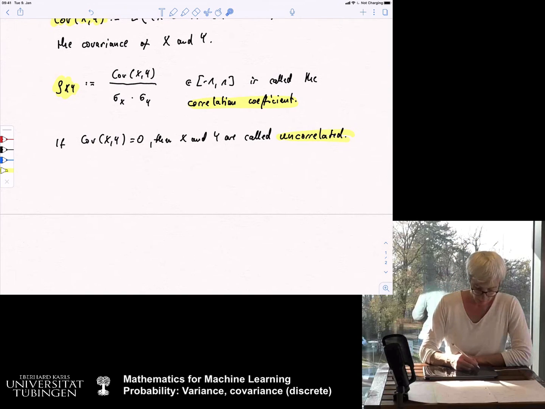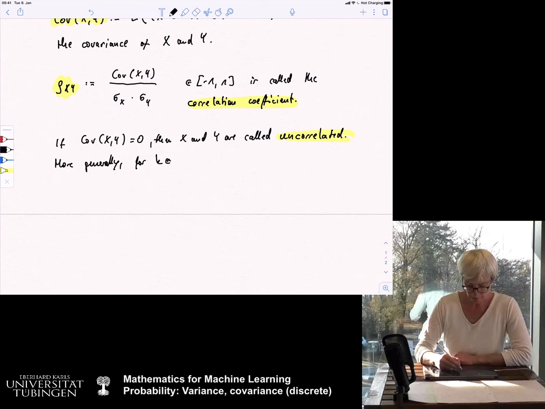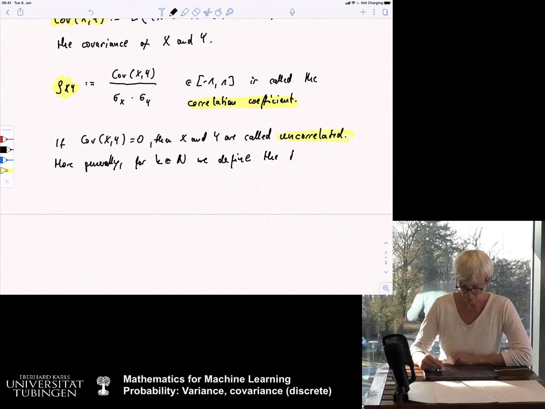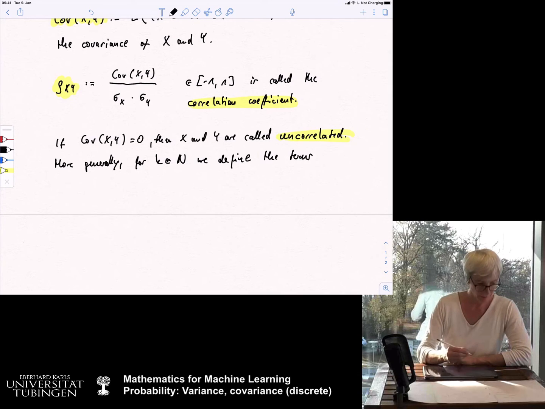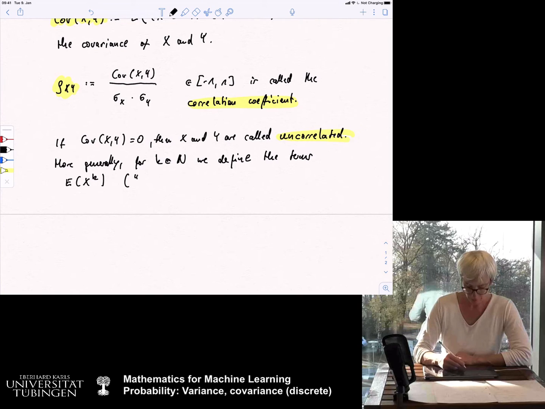So more generally, for k in N, we define the terms, and I just write them down. E of x to the power of k. This is called the kth moment.